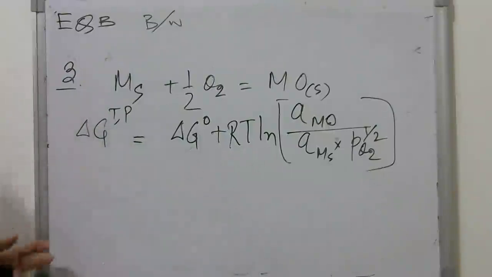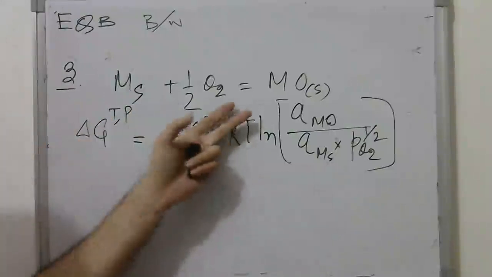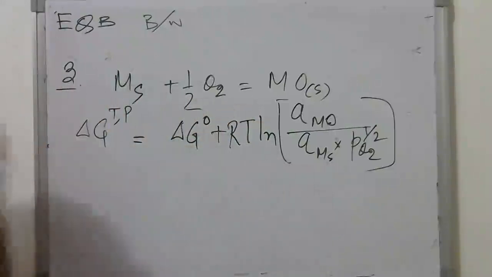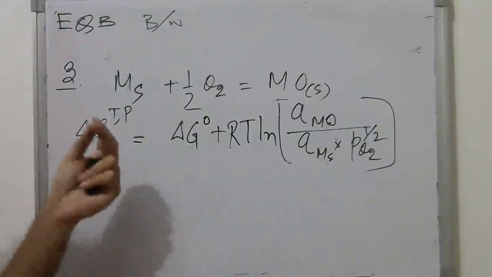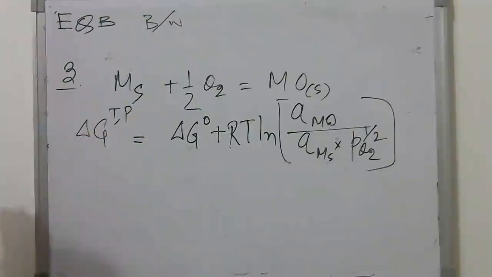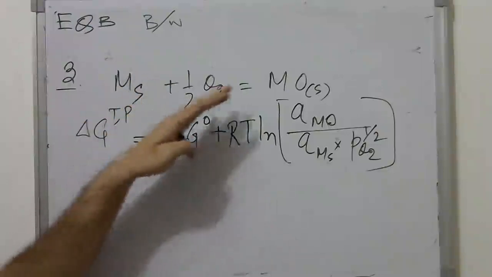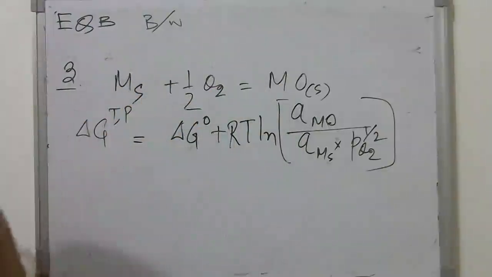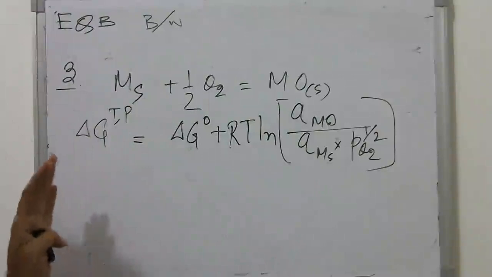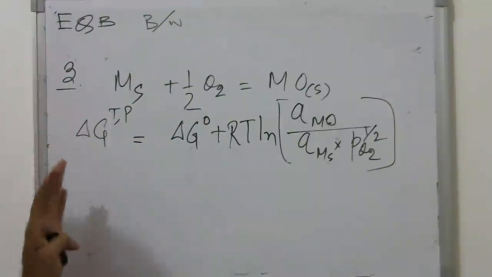For any equilibrium condition, if I want to say that this reaction is in equilibrium, that means there's no change in the number of moles of the system. The number of moles of solid, oxygen and MO are constant, not changing with time, temperature or pressure. The system is in equilibrium.